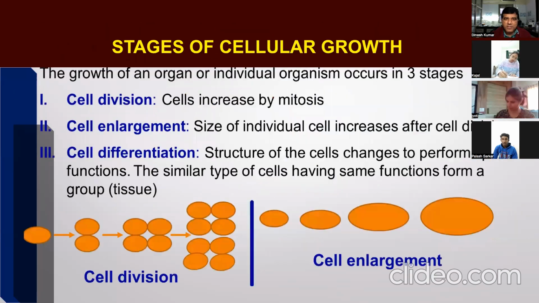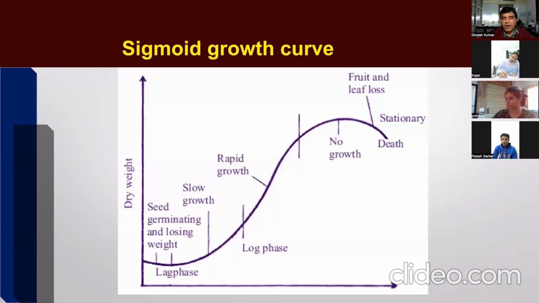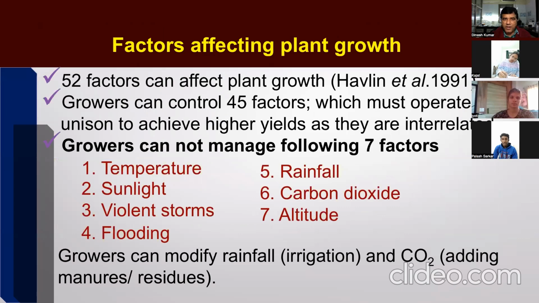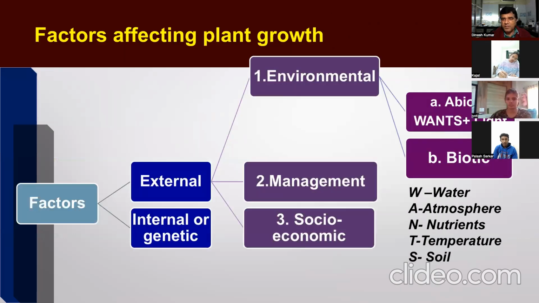So the glossary was discussed, and you remember how the factors were classified. These factors you can check again: external factors and internal factors, and you have three external factors: environmental, management, and socio-economic.